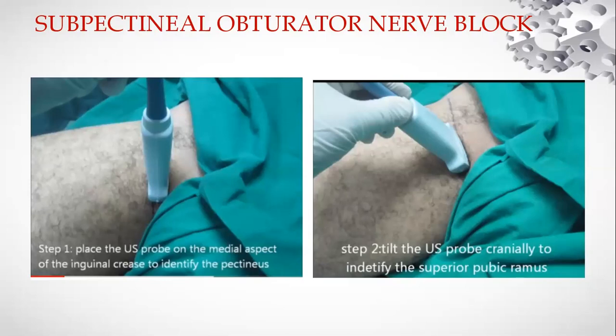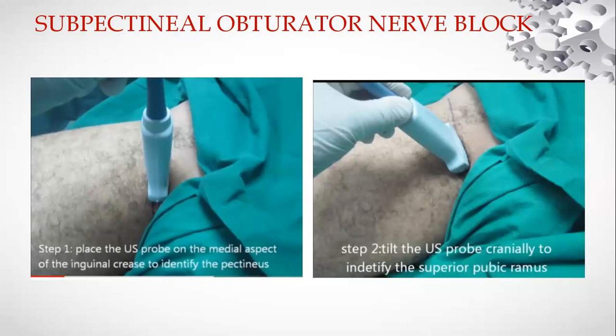So when we talk about obturator nerve having high branches, it means that the articular branches have left the obturator nerve before the division. So if you are blocking at the level of this division, then it is not going to be effective in blocking the articular branches. So we have to go for a higher approach, which is the subpectineal obturator nerve block.